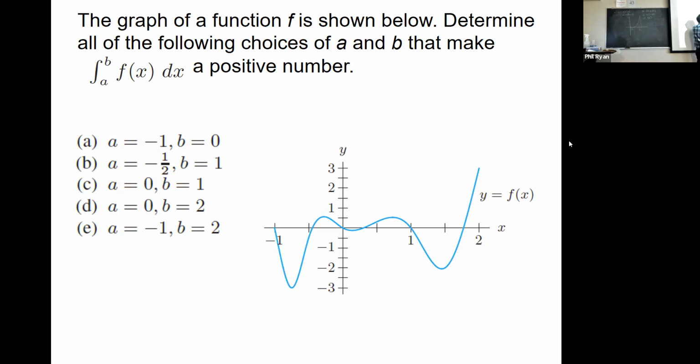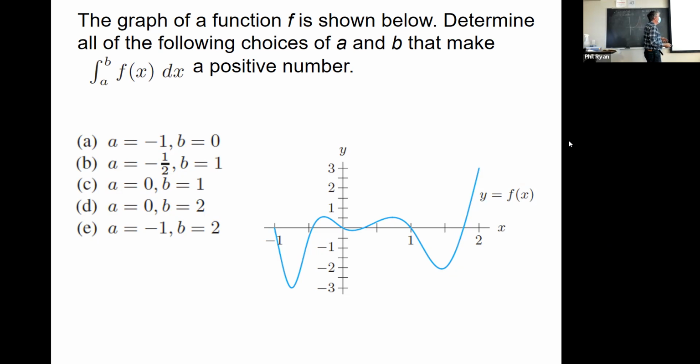Positive, yeah? Because we've got this, and that's going to outweigh that and that. So B is definitely a good one. What about C? Between 0 and 1. Yeah, it's a little bit negative here, but it's definitely outweighed by that one there.